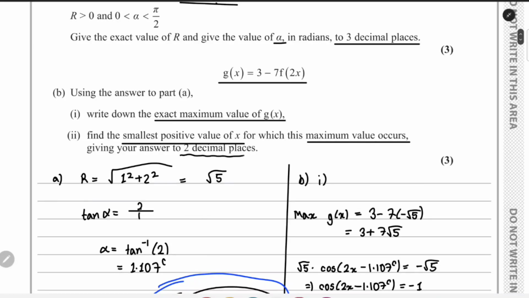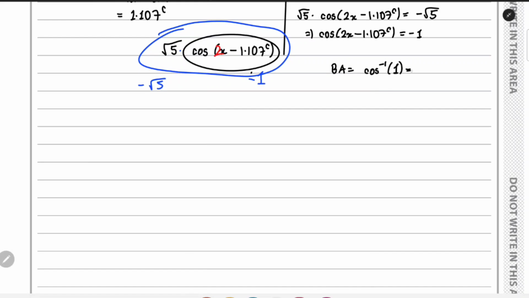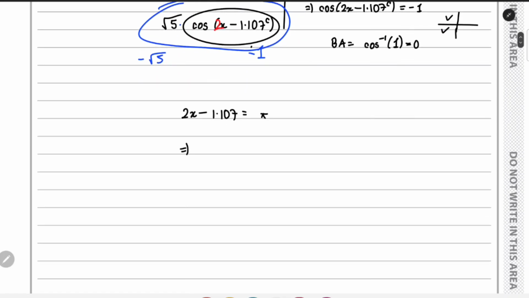Now we need the value to 2 decimal places, so I'll do the working with 3 decimal places, one more than the answer. Now cos inverse 1 is 0, and since this is negative, cos is negative in the second and third quadrant. So 2x minus 1.107 is pi minus 0 or pi plus 0, the same value over here. If I calculate this, I get 2x equals pi plus 1.107. X is pi plus 1.107 divided by 2.